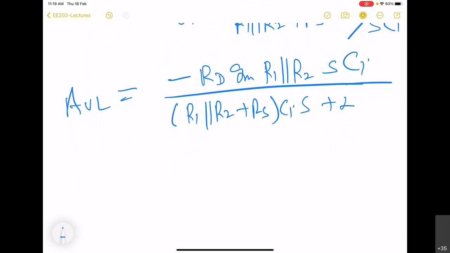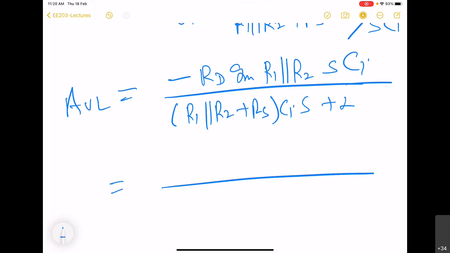Now we'd like to do the Bode plot to see how the voltage gain is going to vary with frequency. So we will have to write it in standard form. You can see that it is already in the factorized form. The numerator has 1 zero at the origin, right? And the denominator has one pole, not at origin, at some other location. Both are already of first order form, so we just need to write them in standard form.